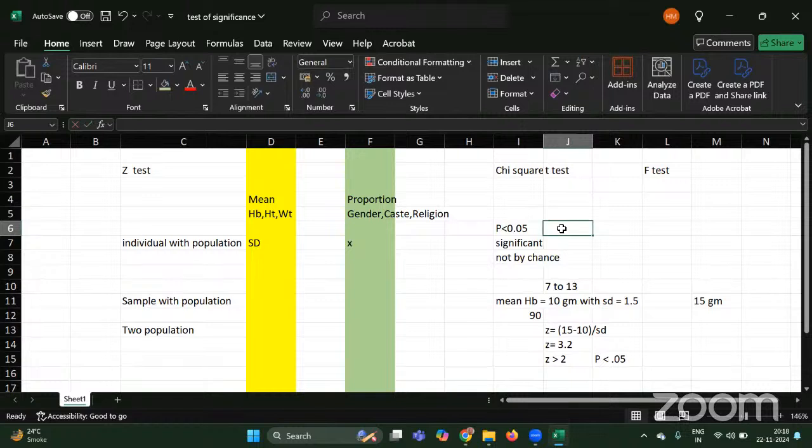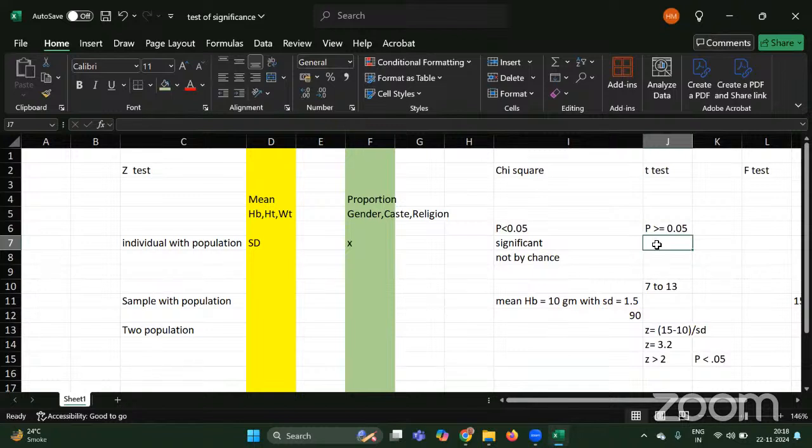And if P is more than 0.05 or equal to 0.05, it means it is not significant. Why?